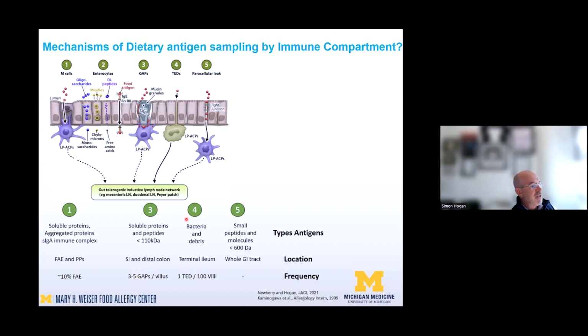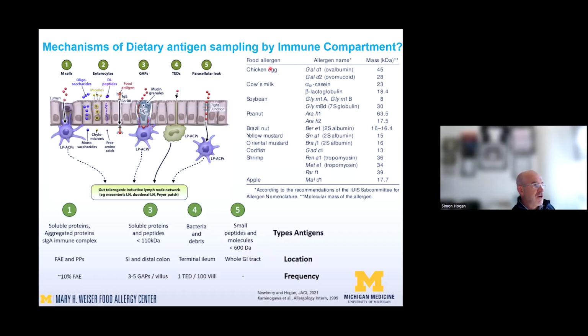The transepithelial dendrites that I mentioned are in the terminal ileum and are very infrequent, and are primarily involved in sampling bacteria and debris. And then you also have the paracellular mechanism, which involves small peptides and can also occur throughout the GI tract, but there are intrinsic complications with this mechanism given the paracellular leak and innate antigen exposure.